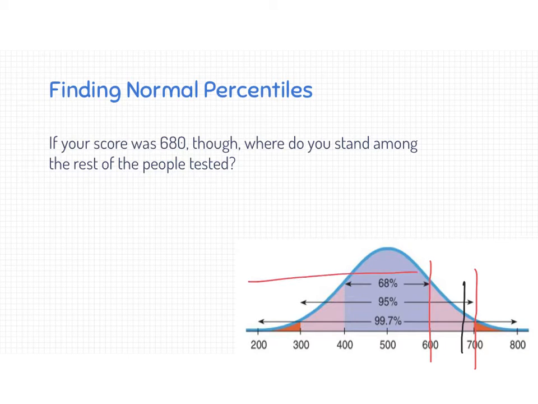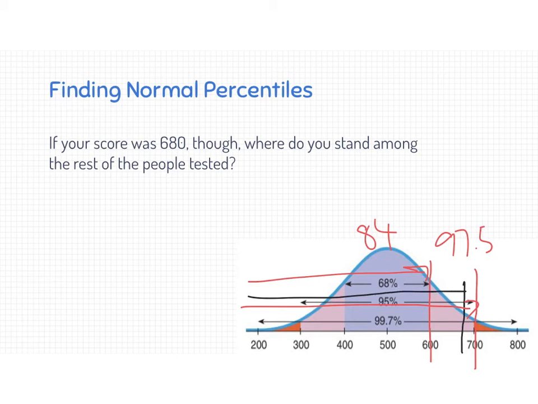So we knew that was 84, and if we go all the way to there, it was 97.5. But how do we get there at 680? It falls in between, so we know we're somewhere between 84 and 97.5, a little closer to 97.5, but how accurate can we get?